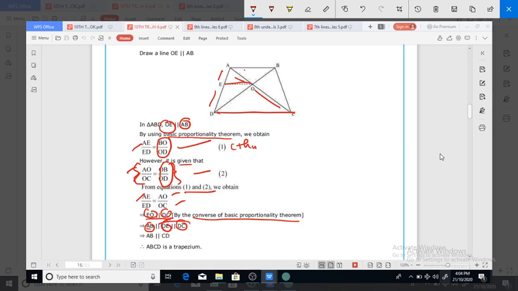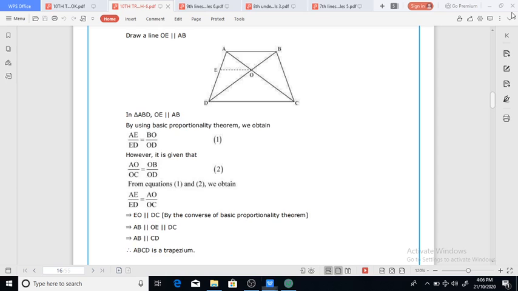So by observing these three conditions, AB is parallel to CD. So if one pair of sides is parallel, ABCD is a trapezium.